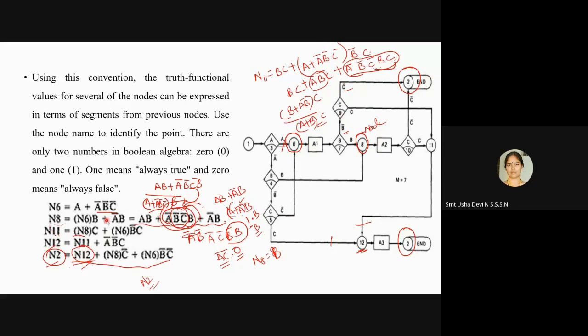Otherwise, you can also start with the N2 expression, which is of this form. But to evaluate this, first of all, we need N6, N8, N11, and N12. Once we have all these, then we can simply evaluate the N2 expression also. N2 is the final component that we need, the resultant expression. So N6 is this one. What about N8? N8 is equal to this N6B.